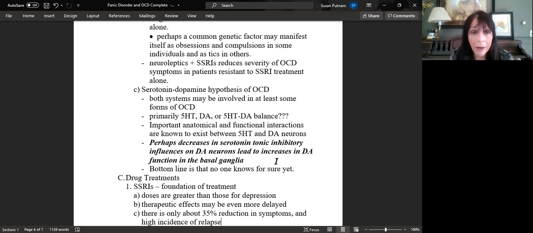So as I put here, let me read it. Perhaps decreases in serotonin tonic inhibitory influences on dopamine neurons lead to increases in dopamine function in the basal ganglia. And if you take a look at that, it would explain why both are involved.